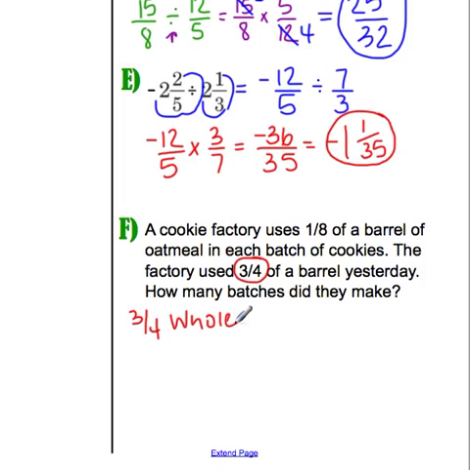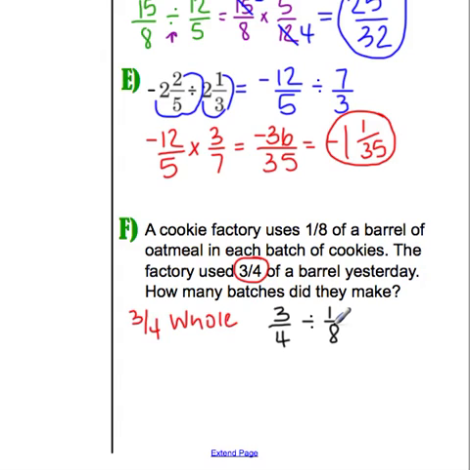And we always want to divide our whole into parts. So therefore, I am going to take my 3/4 and divide it into groups of 1/8, because think of it as that 3/4 of a barrel, and we're scooping out 1/8 of a barrel every single time.